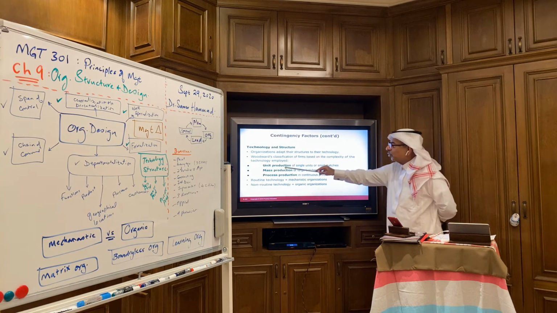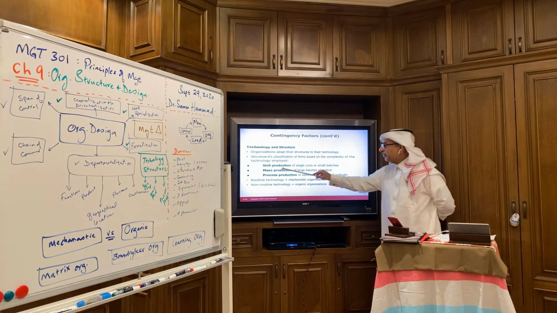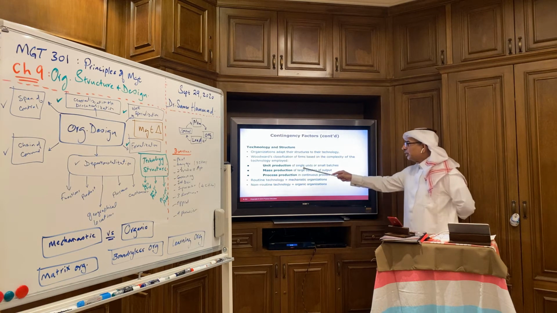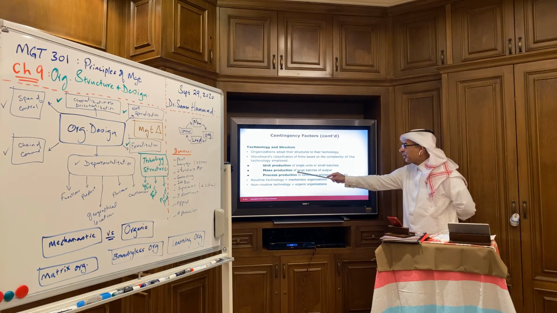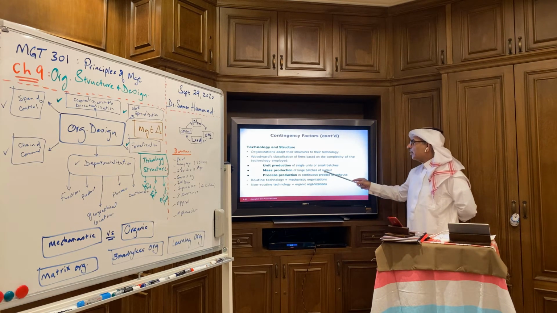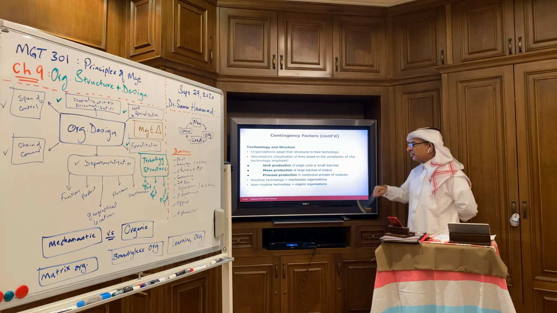We have unit production, mass production, or process production. Unit production is of a single unit or small batches. Mass production is of large batches of output. Process production is a continuous process of output.